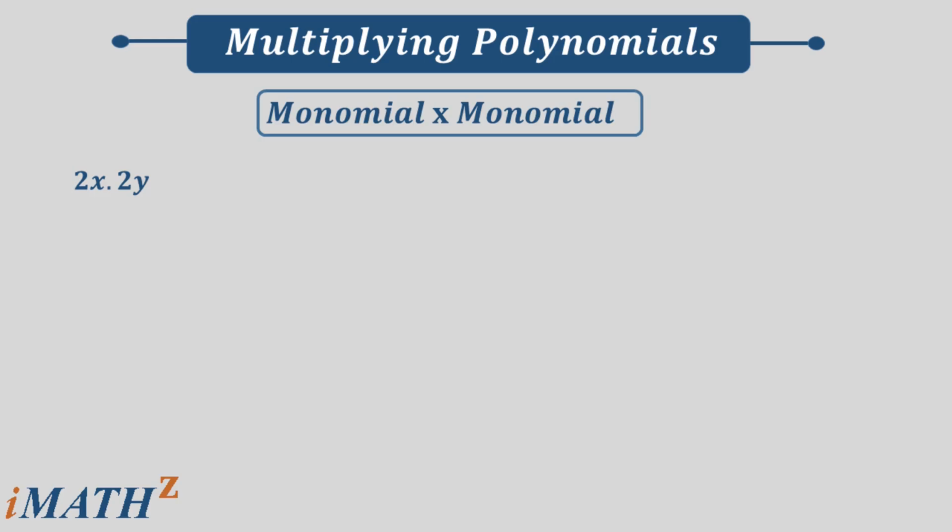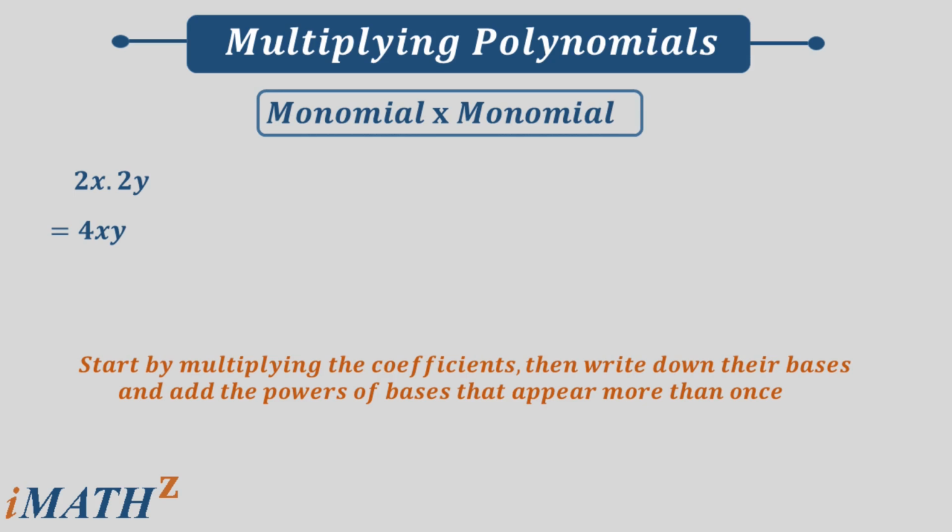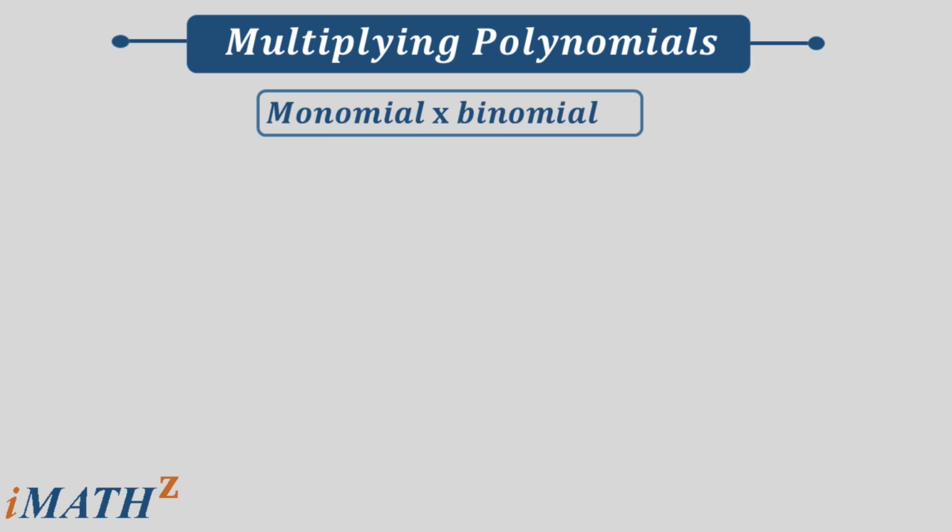To simplify this expression, we can multiply the coefficients, 2 times 2, which is equal to 4 in this case. Then we multiply x and y, which ends up giving us 4xy.